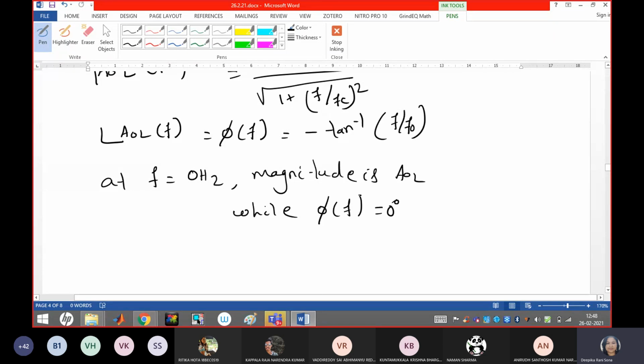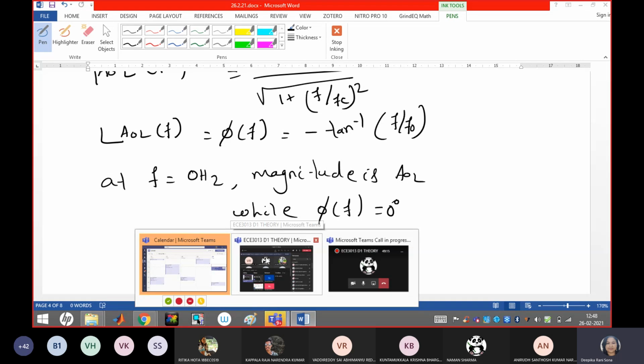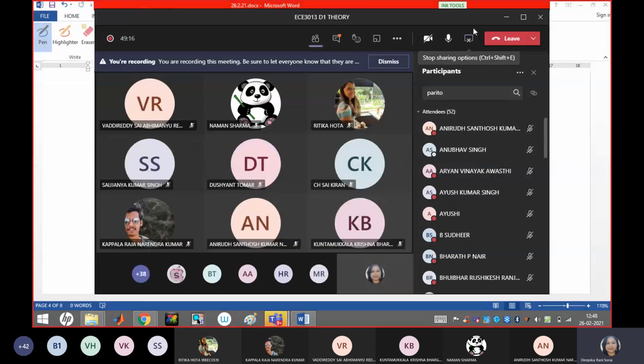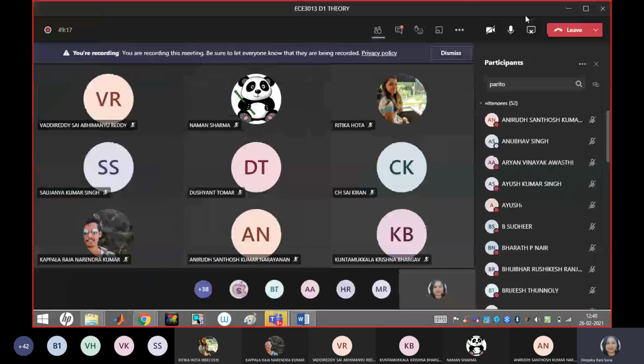Next class I'll show you the graph of this AC characteristic, how we represent this, and slew rate also we have to study, and some more parameters we have to study. Okay. Do you have any doubt?